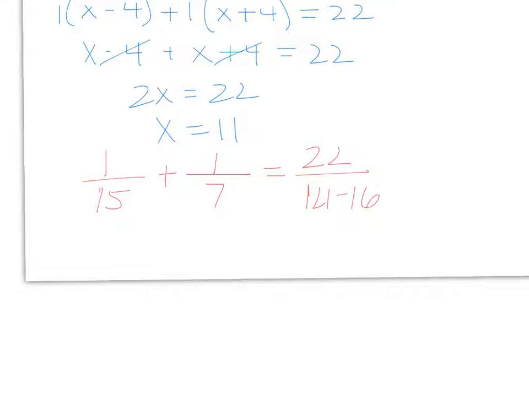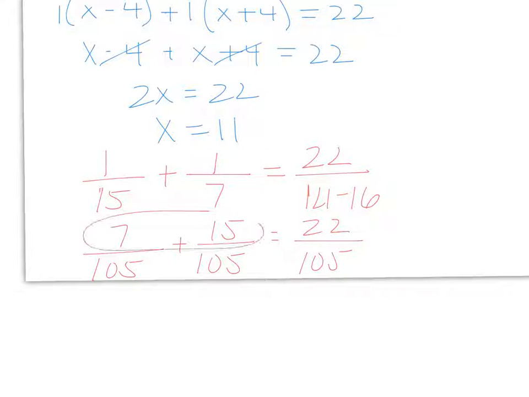Common denominator of 15 and 7 is going to be 105. And so this becomes 7 over 105 plus 15 over 105 equals 22 over 105. And of course 7 plus 15 is 22. So x equals 11 does work.